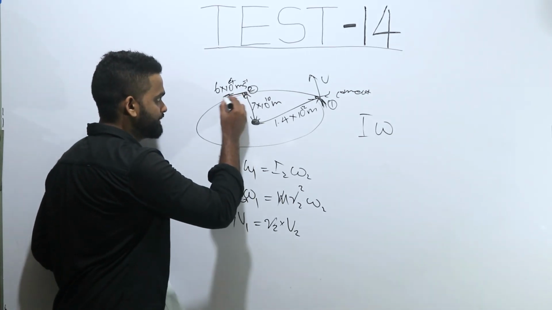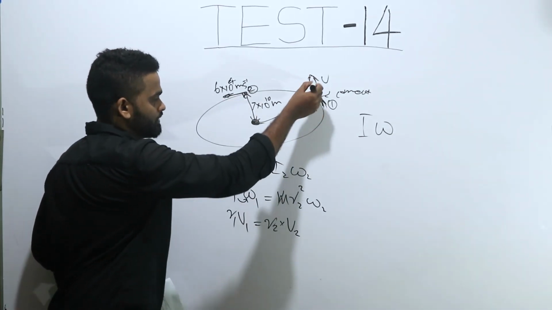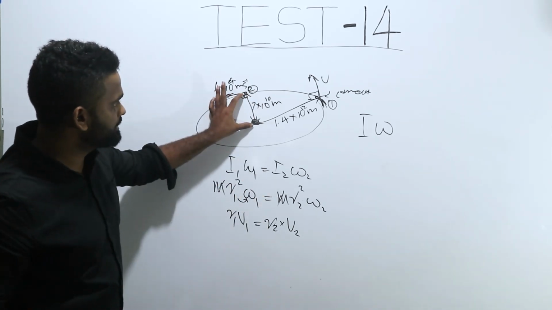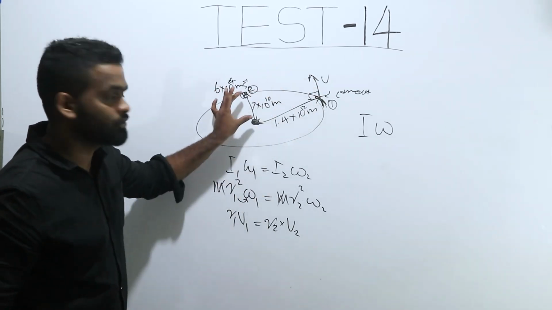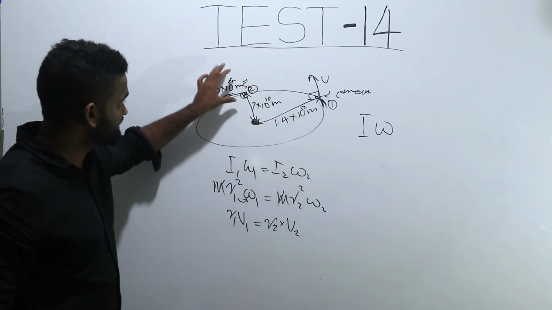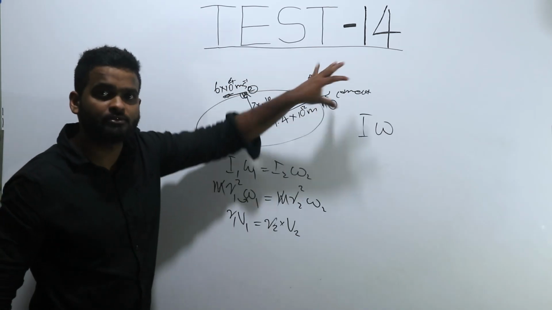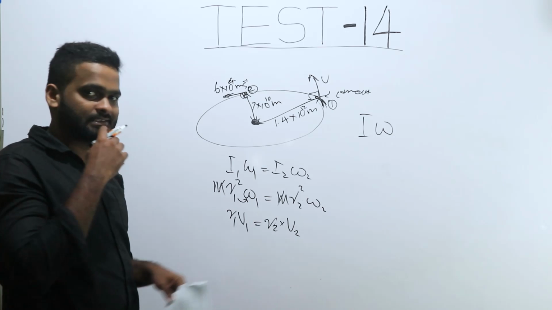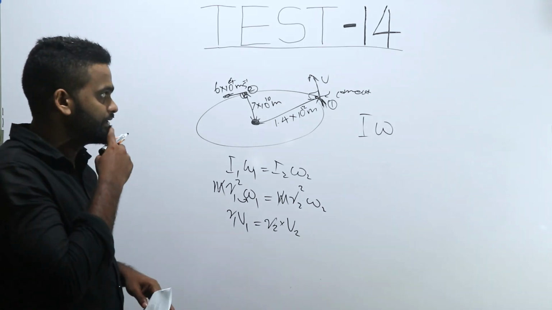Since these velocities are normal to the radius at the furthest and closest points in an ellipse, we can consider these velocities to be tangential velocities. Then you just have to substitute values to find v1.